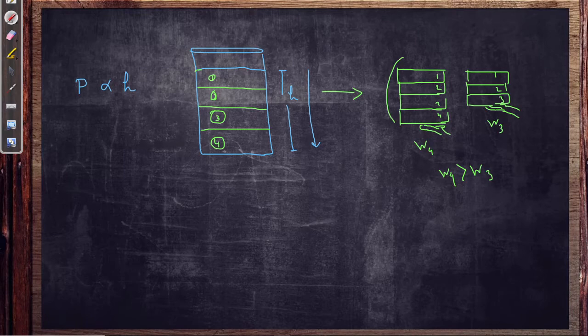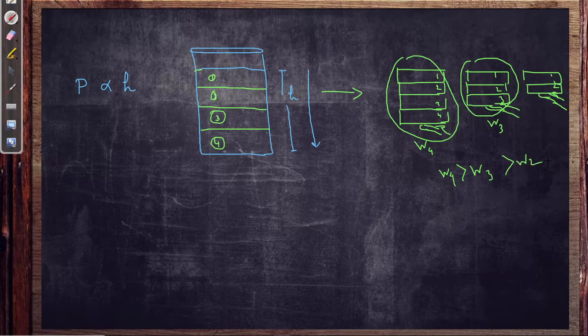Obviously the weight of these 4 bricks is quite more than the weight of these 3 bricks. Also you can continue this experiment. Weight of 2 bricks, that is also very less compared to the previous. So W2 is less than this also.